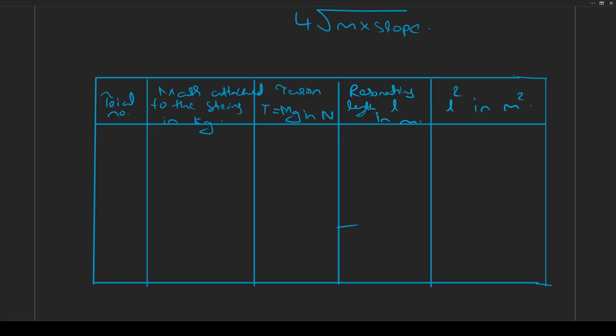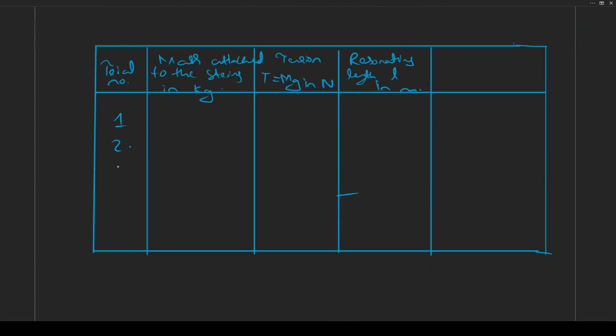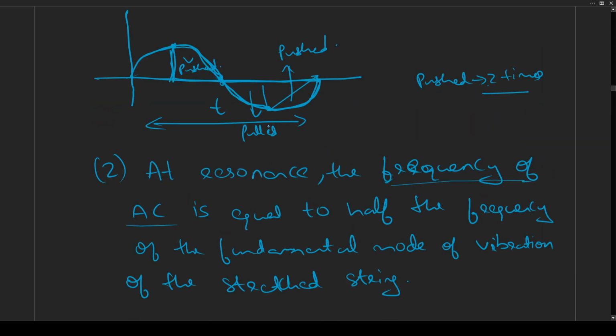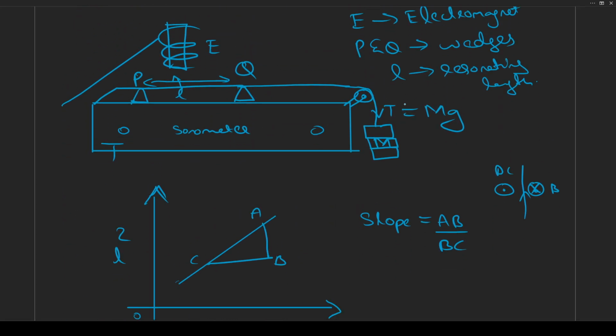Basically, how to do this experiment is, first, we take different trial numbers 1, 2, 3, 4, 5, and we decide a specific mass we need to attach to the string. Like we saw a hook here in the diagram. This is the diagram, this is a pulley, and here we have a hook which we can attach certain mass plates to.